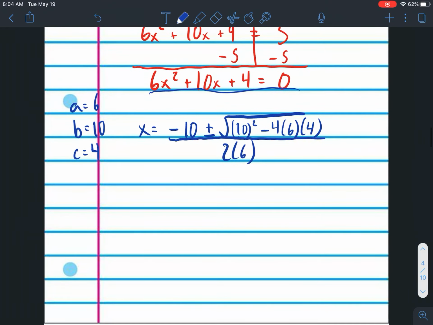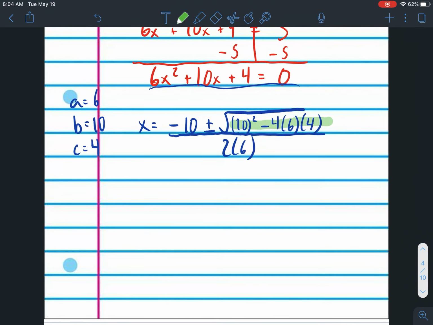Now, just like the last problem, we did the discriminant and we saw that there was no solution. So let's start with the discriminant and see what we get. I'm going to write my discriminant right here: 10 squared minus 4 times 6 times 4.